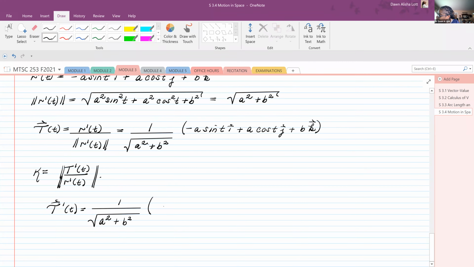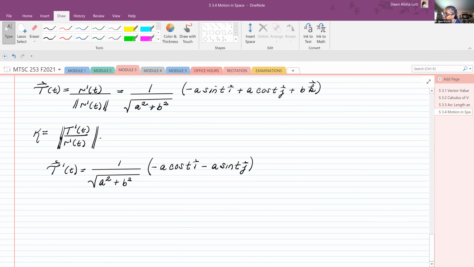So that's minus a cosine of t i minus a sine of t j. And the derivative of b is gone. So I just get that.